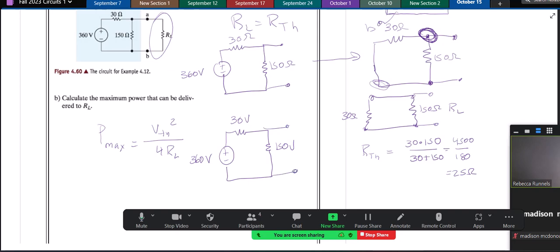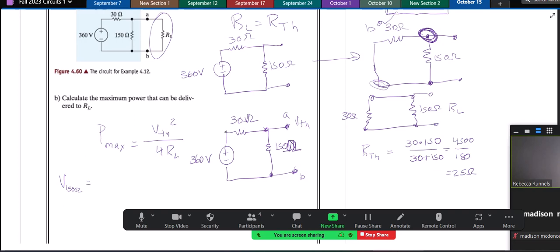And V Thevenin is the voltage across these two terminals here, A and B. That's the same as the voltage across this 150 ohm resistor, because AB is in parallel with the 150 ohm resistor. So I can get the voltage across that 150 ohm resistor by using voltage division.